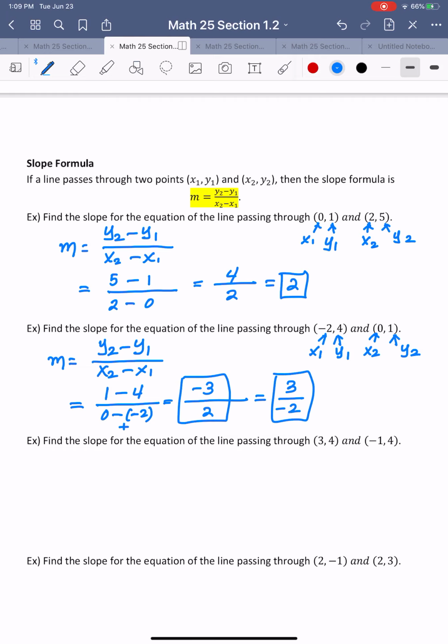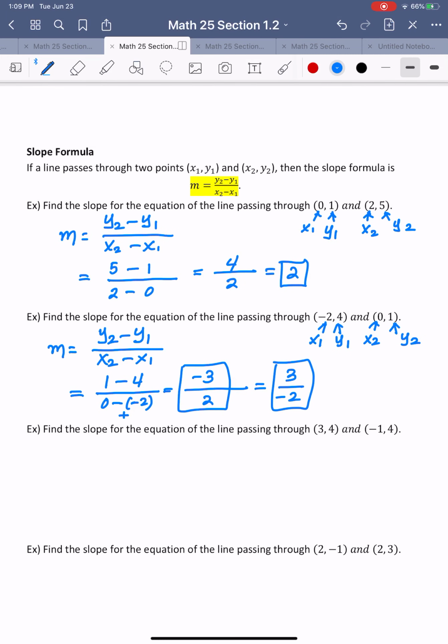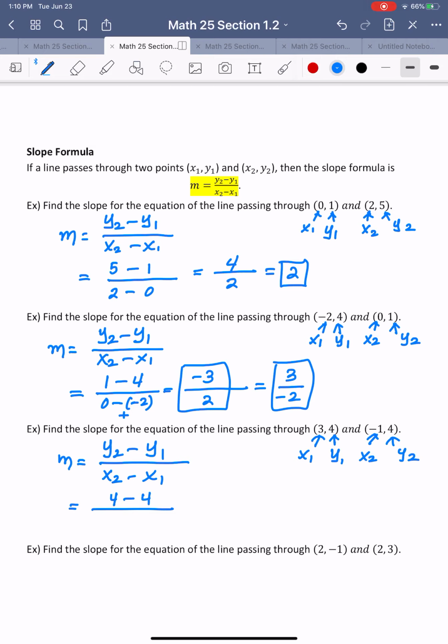Find the slope of the line passing through (3, 4) and (-1, 4). This time, 3 is x sub 1, 4 is y sub 1, -1 is x sub 2, and 4 is y sub 2. So y sub 2 minus y sub 1 over x sub 2 minus x sub 1: 4 minus 4 over -1 minus 3, which is 0 over -4, which means the slope is 0.